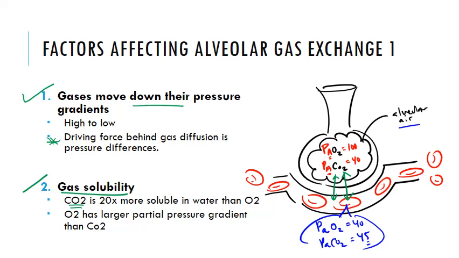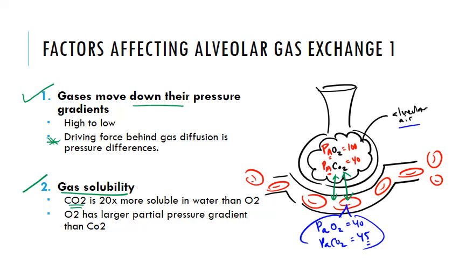Now watch carefully how I annotate this here. For alveolar, when we're talking about the partial pressure of oxygen inside the alveoli, I'm going to annotate it partial pressure, P capital A for alveolar, and then the gas. So the partial pressure of alveolar oxygen is roughly 100 millimeters of mercury, and the partial pressure of alveolar CO2 is roughly 40 millimeters of mercury.